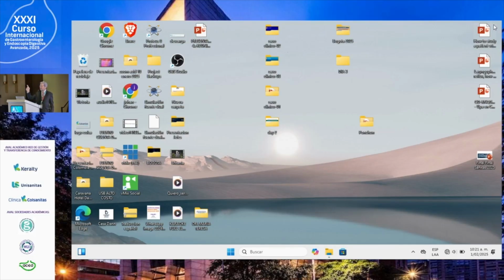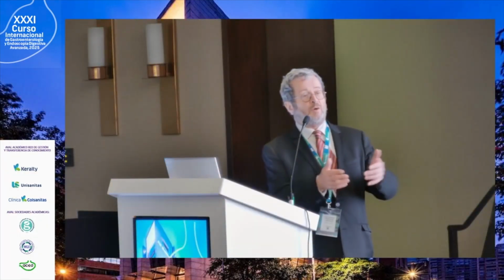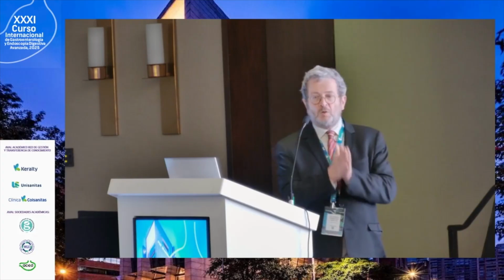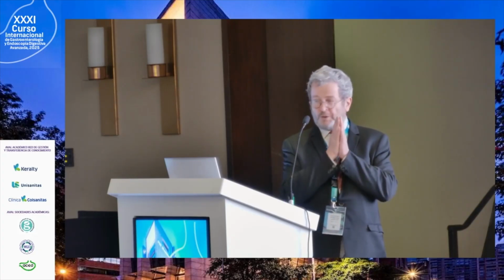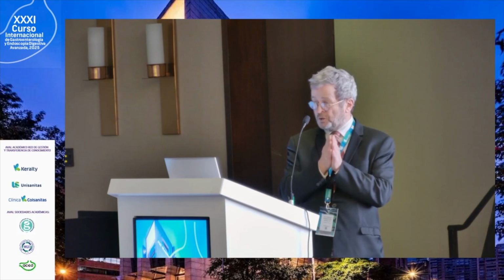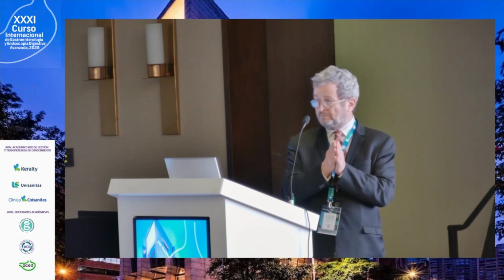Not in the left, not in the sigmoid, not in the rectum, okay? First, systematic closure with clip. First point. Now, and to avoid bleeding. And of course, in patients at risk of bleeding because of antiaggregants or anticoagulants. First point. Second point, you should recognize the perforation. When you have a perforation, you should recognize it and you should be ready to close, okay?